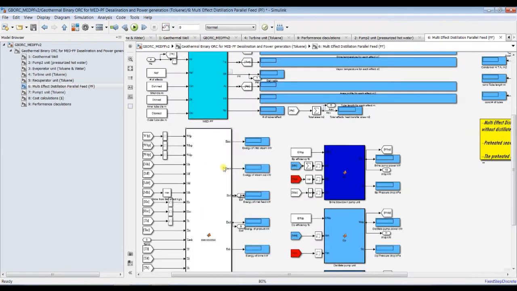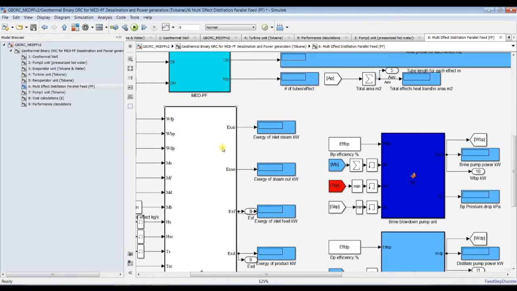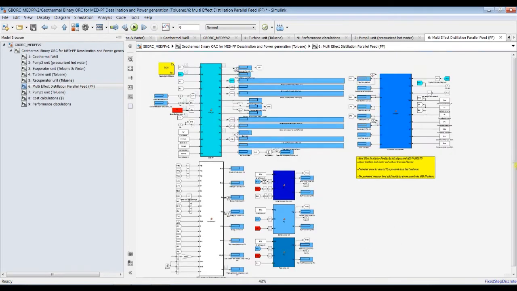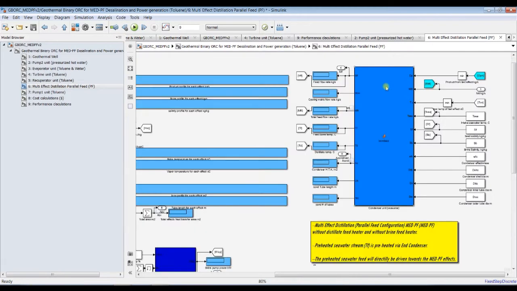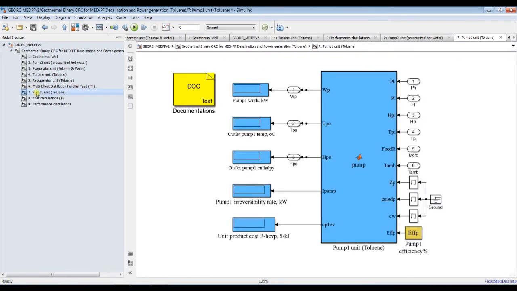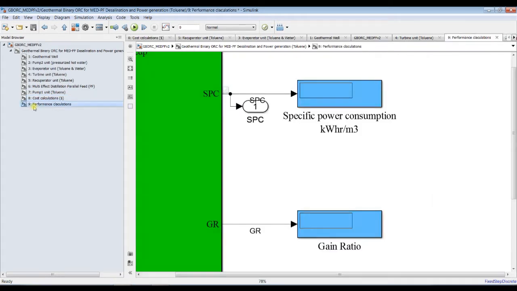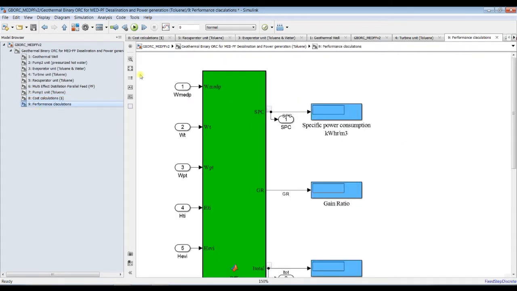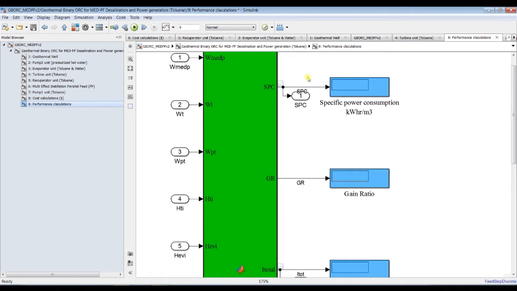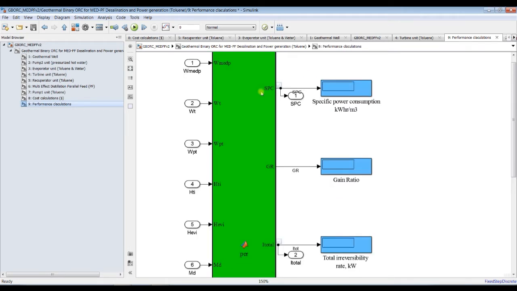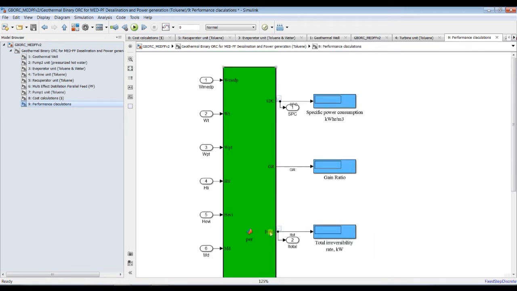This block is quite interesting if you are going to deal with exergetic analysis and cost parameters and so on. This is the end condenser unit, and we have the first pump of the cycle, the organic Rankine cycle pump, and these are cost blocks and performance blocks, if we are going to recognize our outputs, such as specific power consumption, gain ratio, total average stability, and so on.